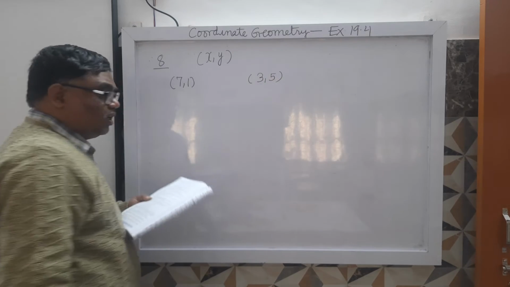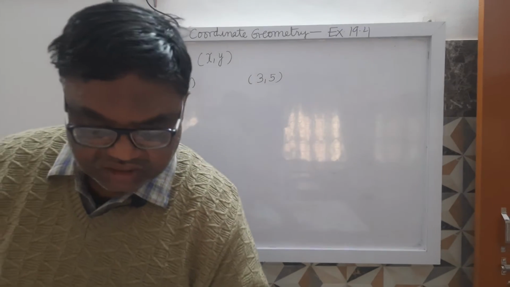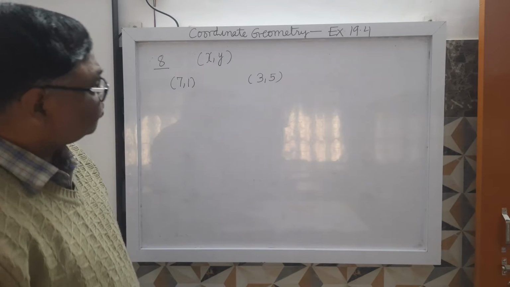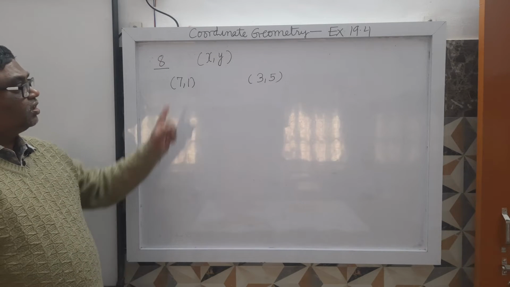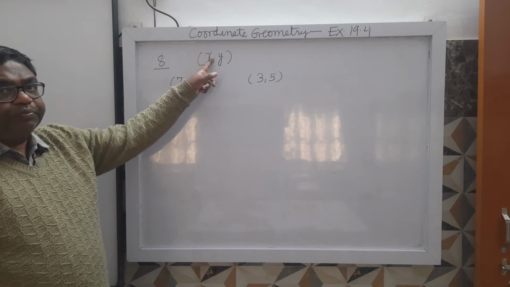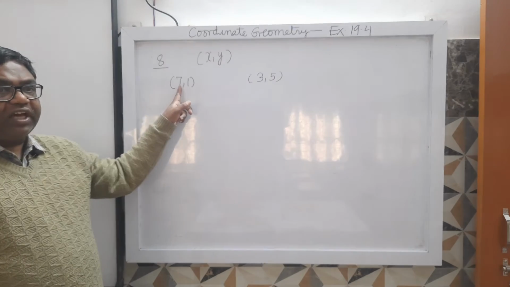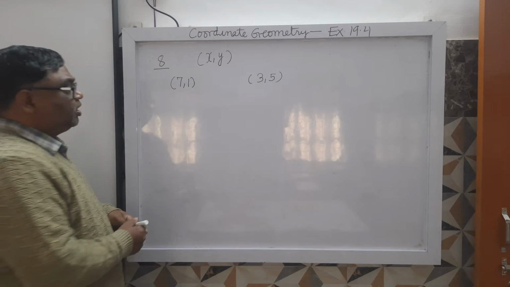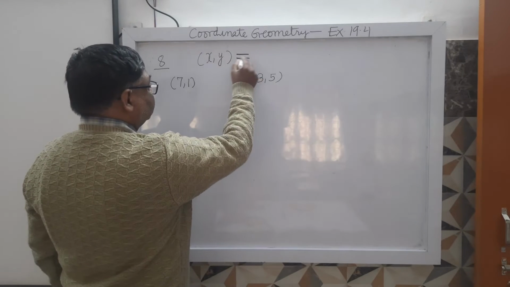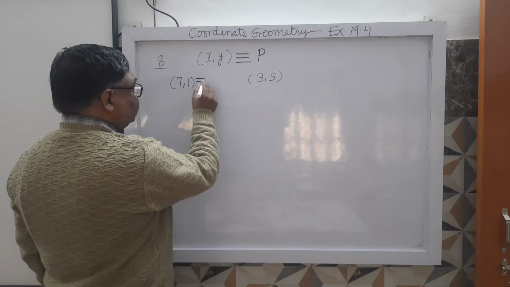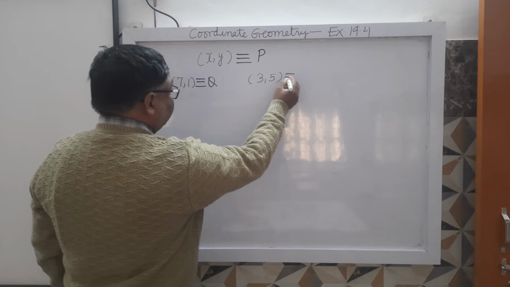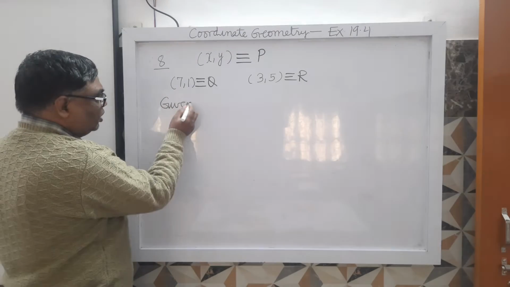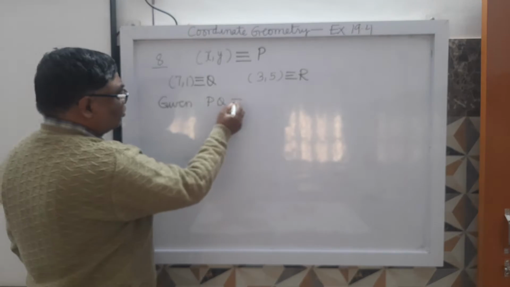You have to find the relation between these x and y. In the question it is given that the distance of this point from here is the same as the distance of this point from here. Name these points as P, this as Q and this as R. Means what is given in the question, it is given PQ equals PR.